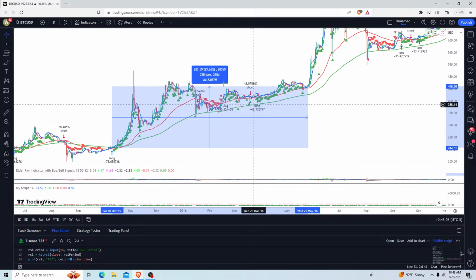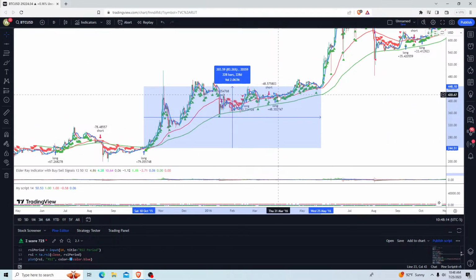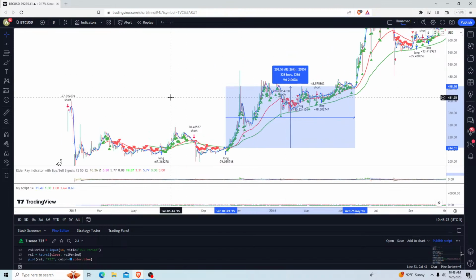This is the blueprint, not the last cycle. This cycle is much more similar, and I don't want to get into all the reasons because I've explained it a million times, but you can do your own research and figure that out, and I can point you in the right direction. This consolidation right here looks a lot more like the bottom that we had, right?